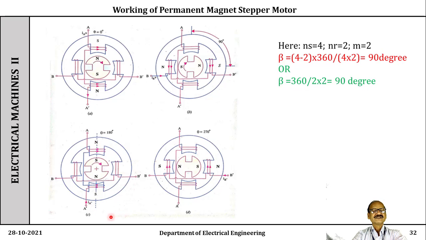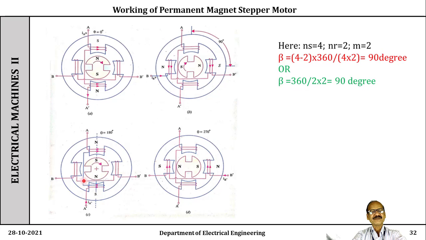In a similar way, if you excite from B minus, that is, the current flowing is IB minus as shown, look at the sense of current. Looking from this side, the direction of current is anti-clockwise, so it generates the north pole here, and looking from the other side, the direction of current is clockwise, so it generates the south pole here.